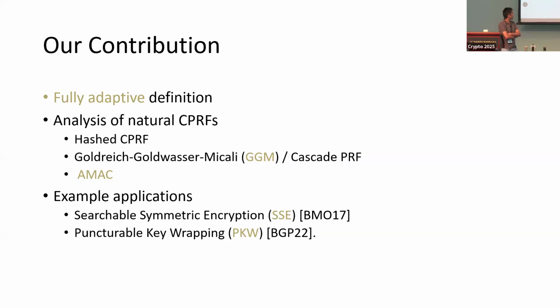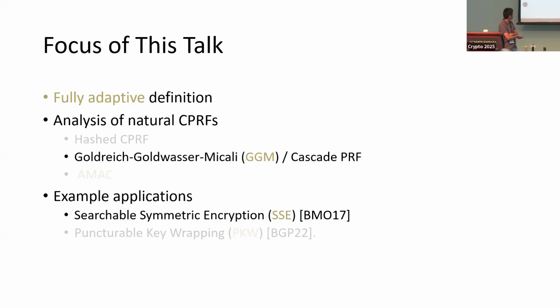We then analyze natural CPFs, like the hash CPF, the GGM, and AMAC. We then also analyze two applications. In this talk, I will focus on the definition and then use the definition to analyze the GGM construction. And then finally, I will talk about the SSE application.